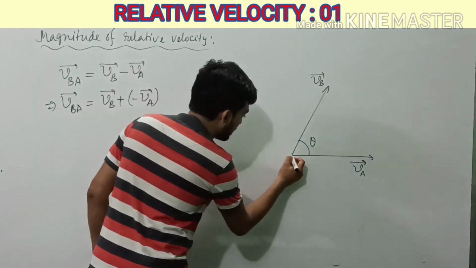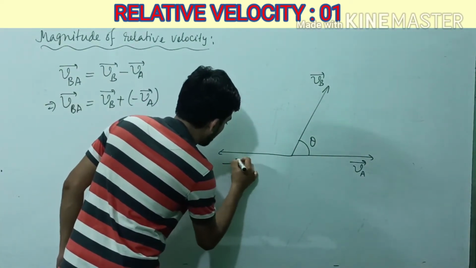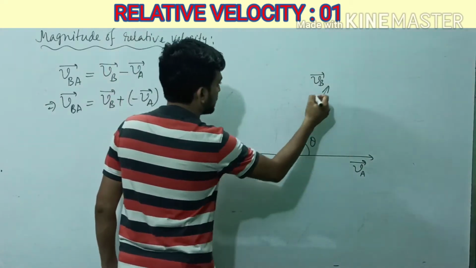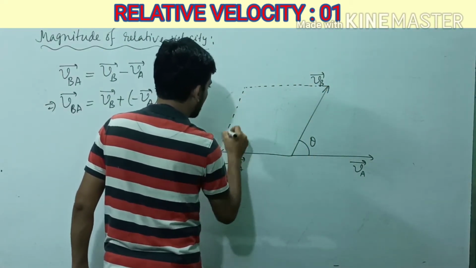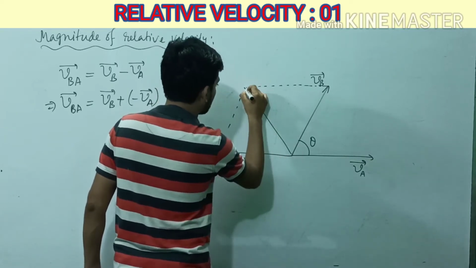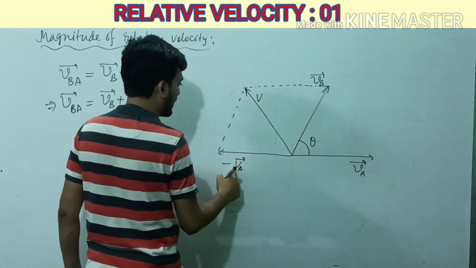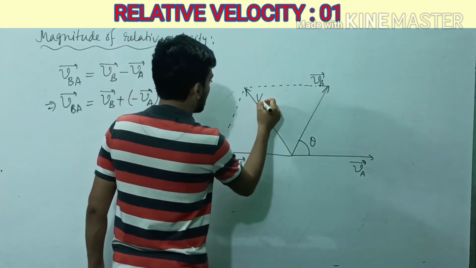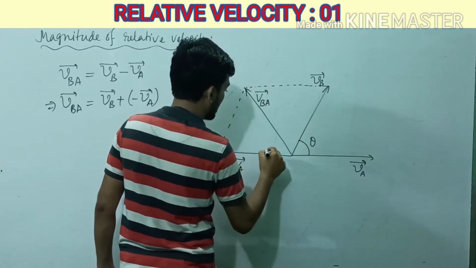So what is minus VA vector? This will be our minus VA vector, and their resultant will be diagonal of this parallelogram. Okay, so this is the resultant of VB vector and minus VA vector, that is the relative velocity of B with respect to A.